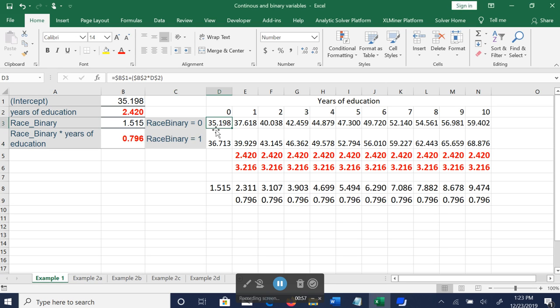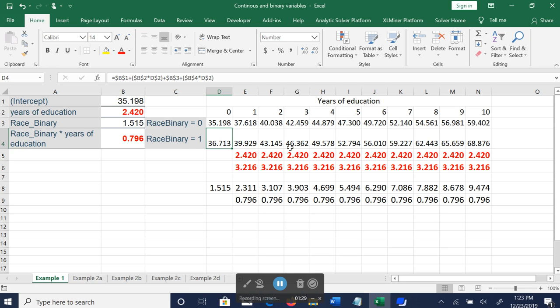And we can also estimate the income for those from ratio category 0 with 1 year of education, 2 years of education, and so on. We can just copy the formula over, and we can also estimate what's the income like for those from ratio category 1 with no schooling. This is how the formula looks like.